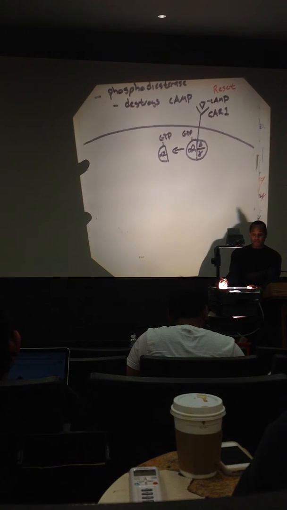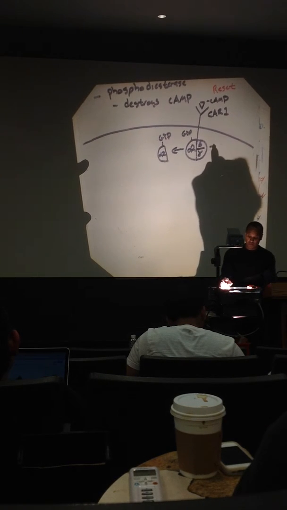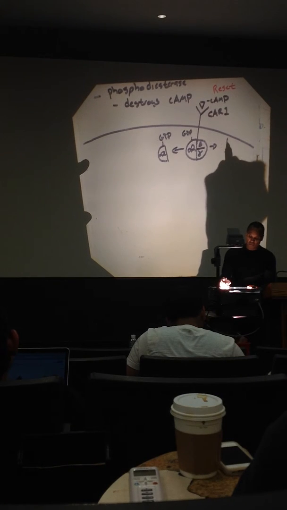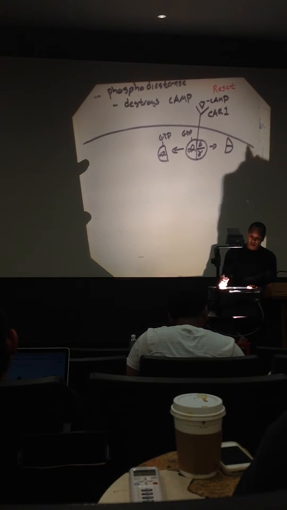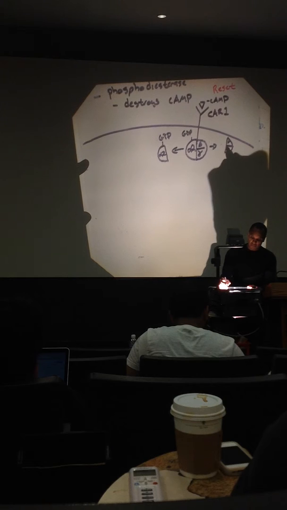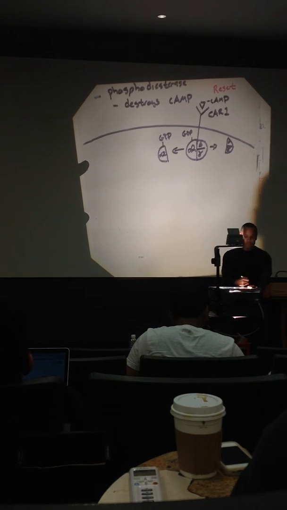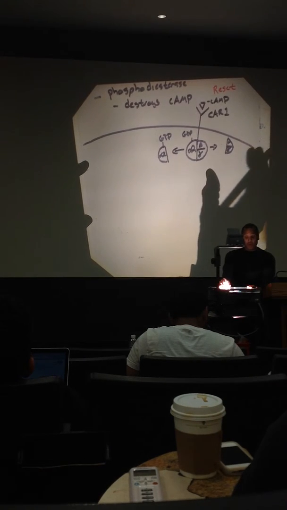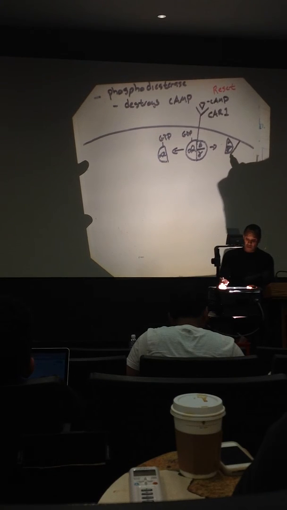So alpha 2 subunit bound to GTP, and the beta gamma subunit. That beta gamma subunit goes and it activates adenylyl cyclase.